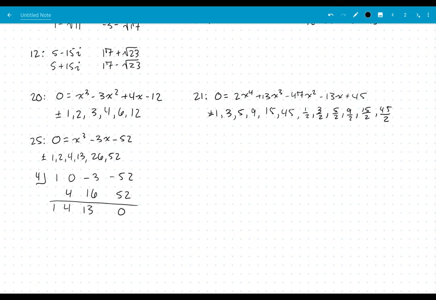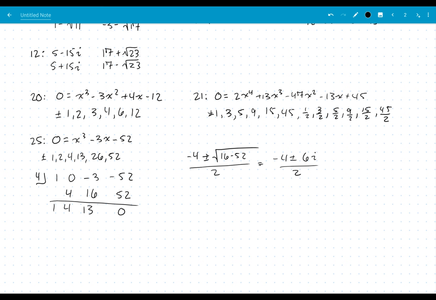So why don't we plug this into the quadratic equation, and we get -4 plus or minus the square root of 16 minus 52, divided by 2. Well, 16 minus 52 is -36, excuse me. And 36 is 6 squared, so we have -4 plus or minus 6i divided by 2.